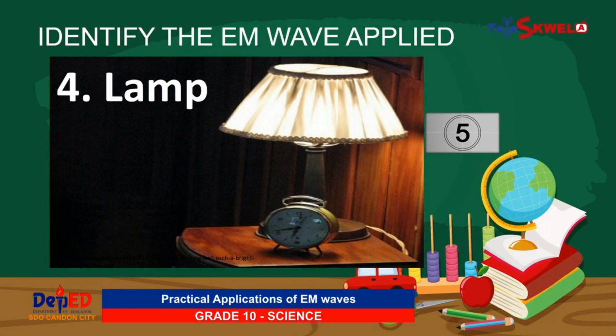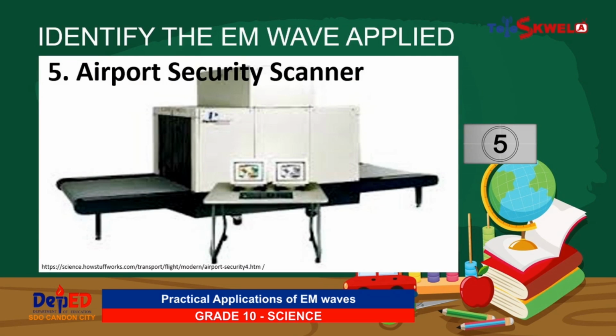Number 4 is an image of a lamp. What do you think it uses? The answer is correct, visible light. For number 5, the image shows the airport.